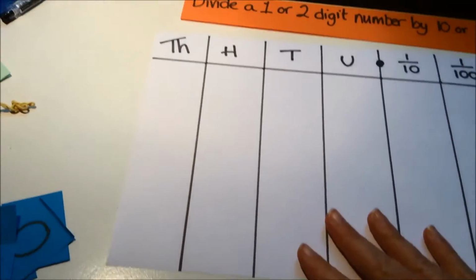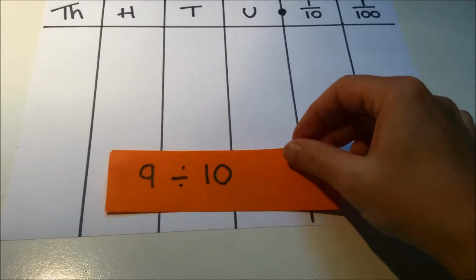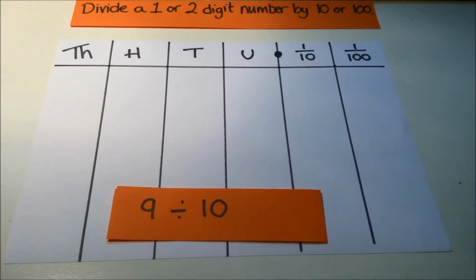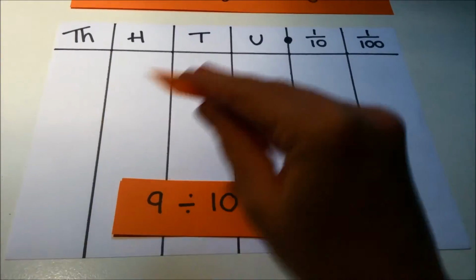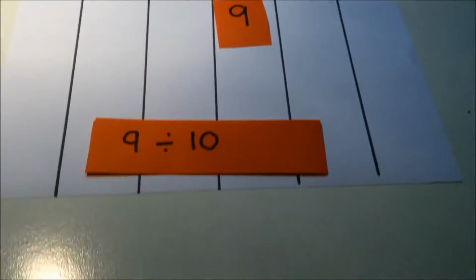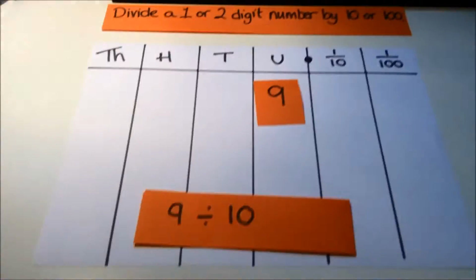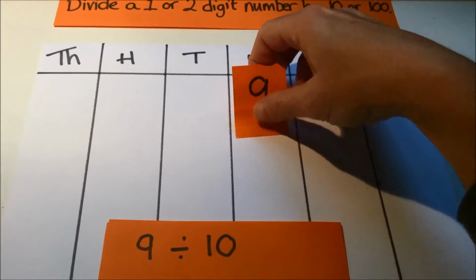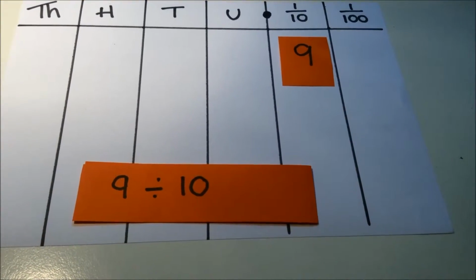My first equation that I'm going to try and solve is 9 divided by 10. So very simply I'm going to put my 9 into the units over here. And now when we divide by 10 we're going to move it one space to the right. So I take my 9, move it one space to the right, but it still looks like a 9.